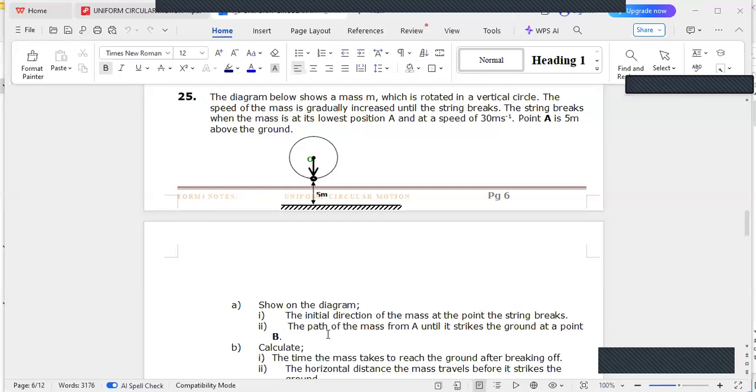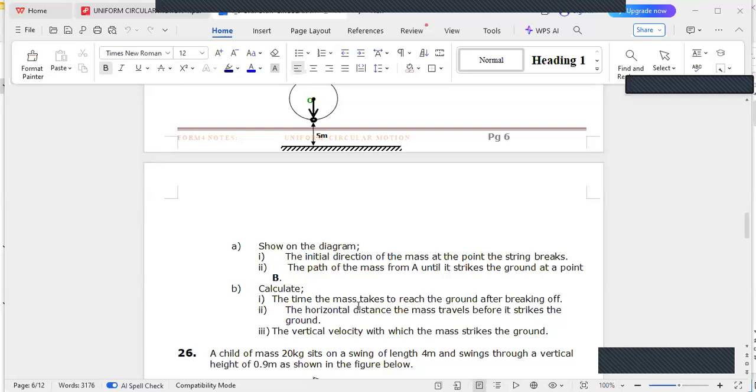Then sketch the path of the mass from A until it strikes the ground at position B. You will draw what we call a trajectory. In linear motion, we drew a trajectory, which is a horizontal projectile motion. So this mass follows that trajectory until it strikes the ground. So you just draw a curve like that, then strike the ground.